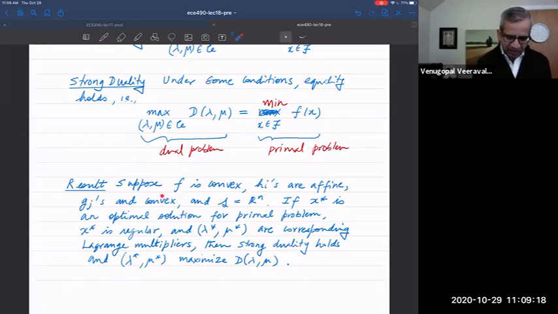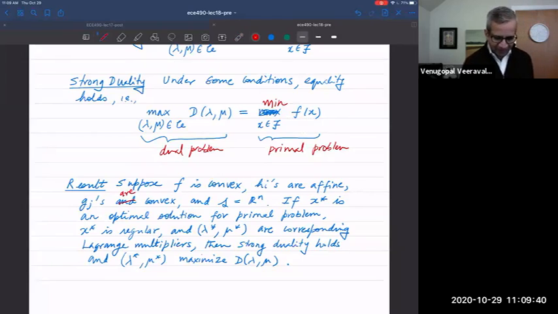We actually encountered these conditions in a lot of the examples that we did. So F is convex, the h_i's are affine, or linear if you want to think of it just as linear plus a constant, and the g_j's are convex. And the set S is R^n.